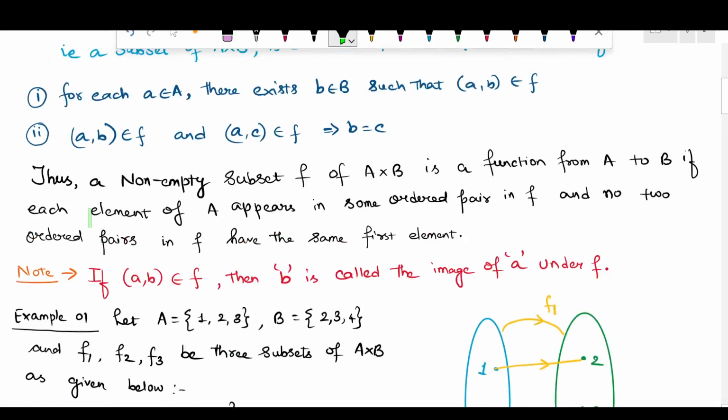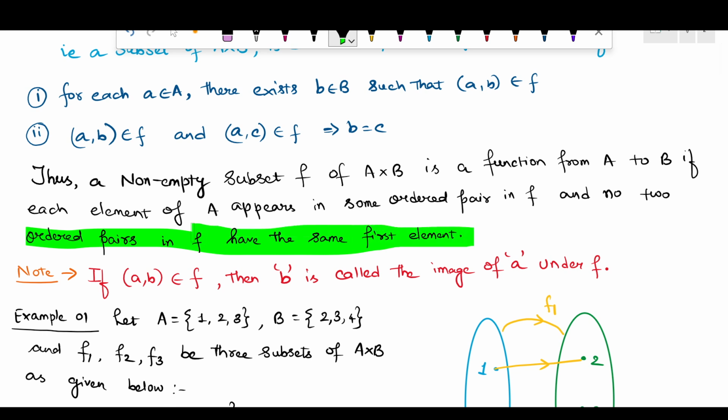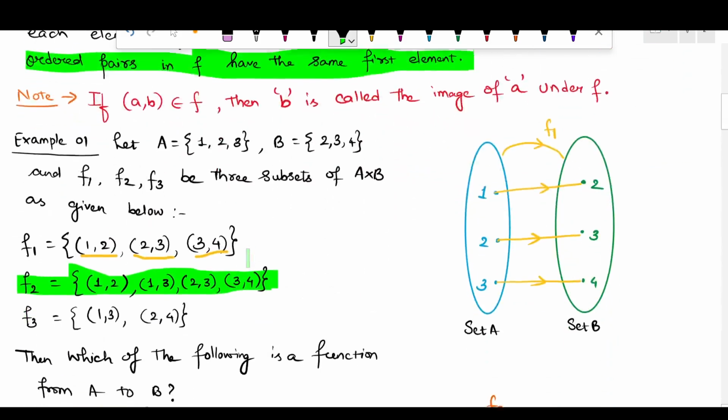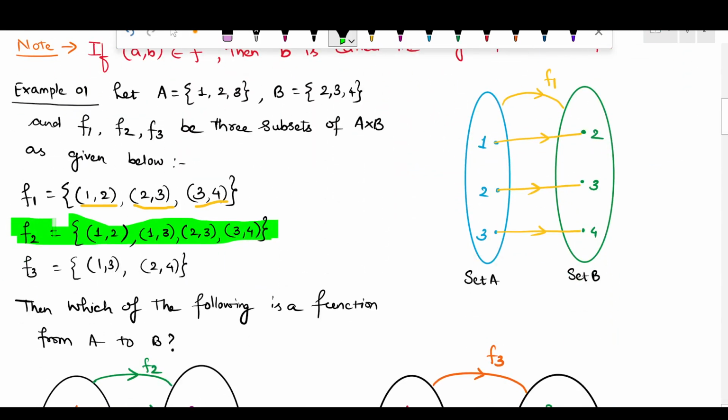Therefore it violates this condition, right? That no two ordered pairs in F have the same first element. So F2 violates this condition. Therefore F2 is not a function.